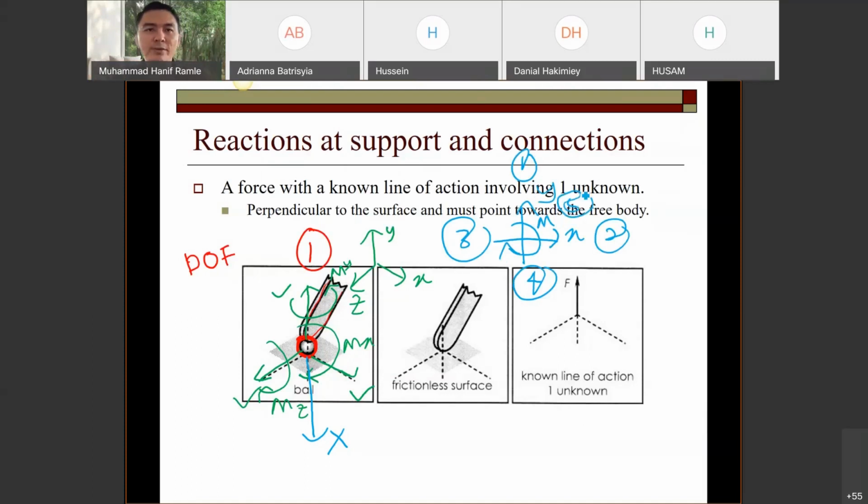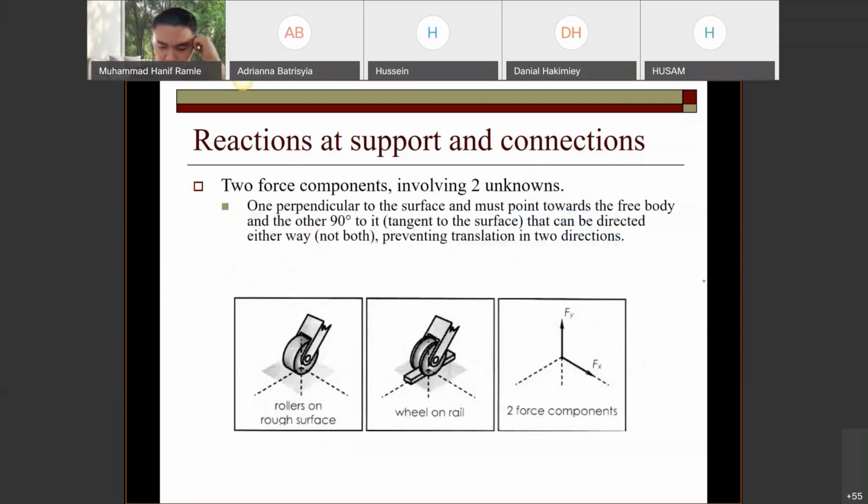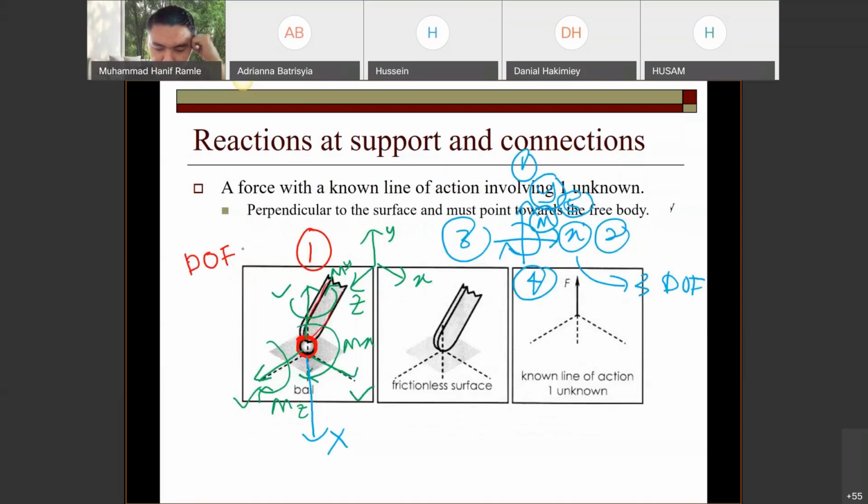If I consider the axes and the moment, there are only 3 DOF in 2D. For 3D, if I consider X, Y, Z axes only, the maximum DOF should be 6. So in this case, the DOF is 5.